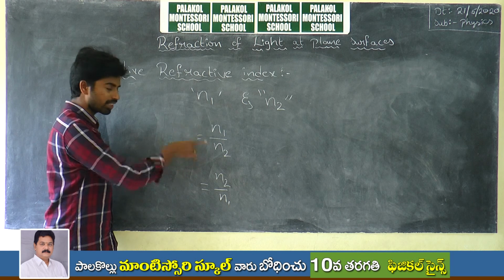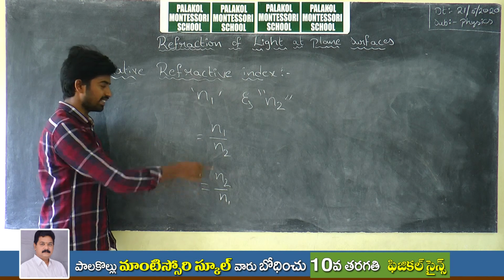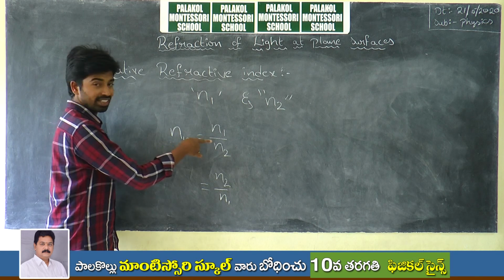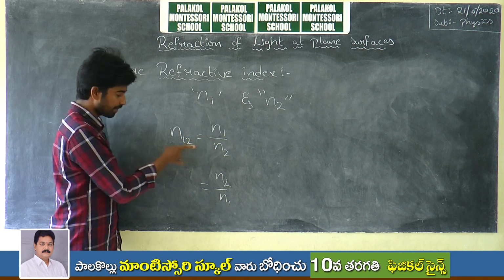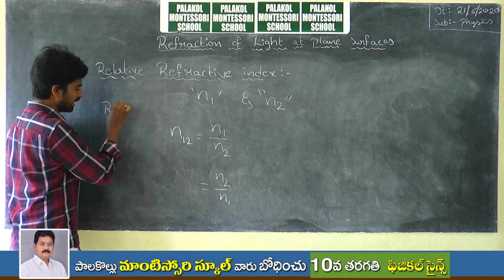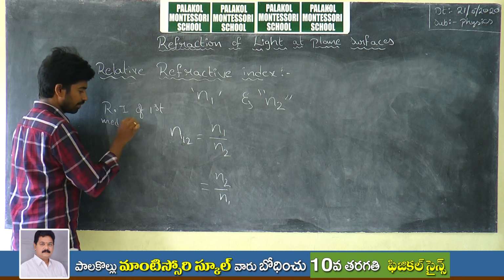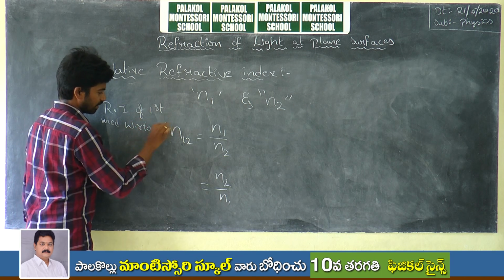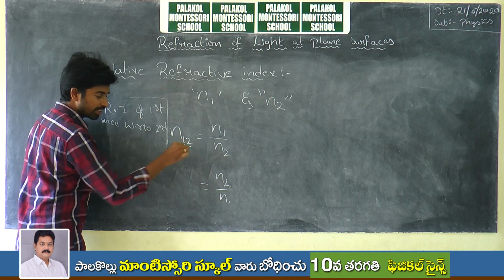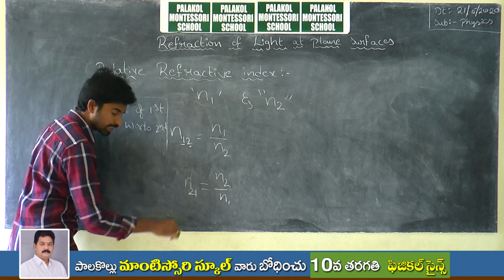These two are the ratios between the refractive indices, which give the relative refractive index, and this is denoted as N12. What do you mean by N12? It is the refractive index of the first medium with respect to the second, and N21 is the refractive index of the second medium with respect to the first.